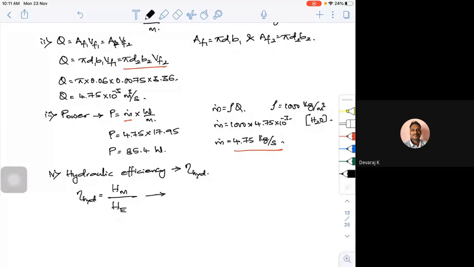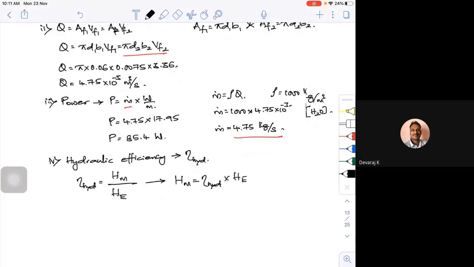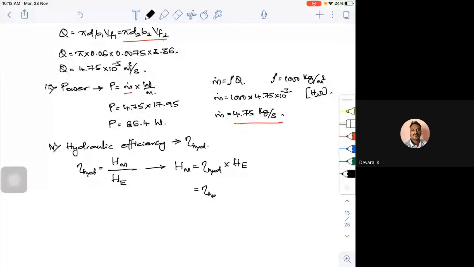So I can write the manometric head as equal to the hydraulic efficiency into the Euler head. What is your Euler head? Your specific work divided by g. If I substitute the formula for this, it will be hydraulic efficiency into VW2 into U2 minus VW1 into U1, divided by g. VW1 is equal to 0 because it's a radial inlet flow and there is no whirl velocity.